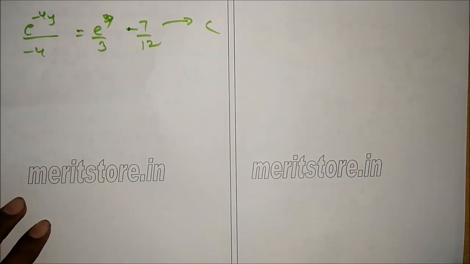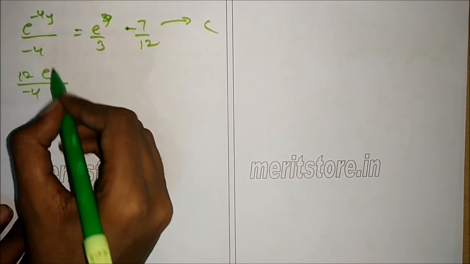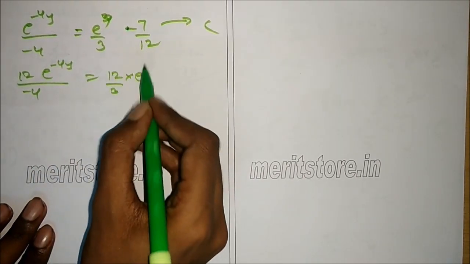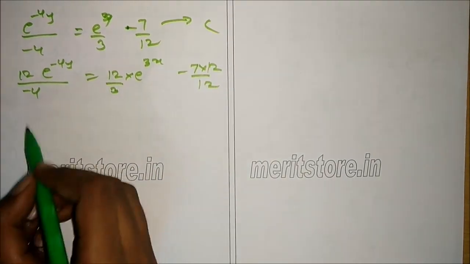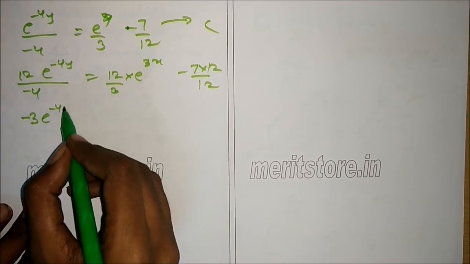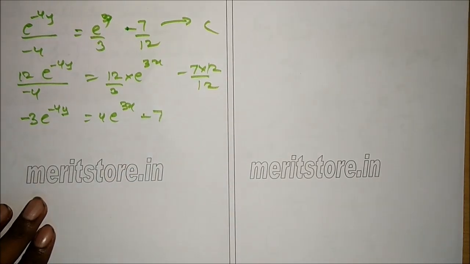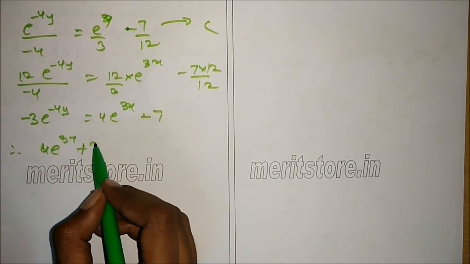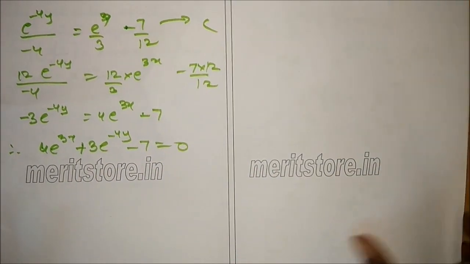So we multiply throughout by 12, we'll get 12 into e raised to minus 4y by minus 4 equals 12 by 3 into e raised to 3x minus 7 into 12 by 12. So we are left with minus 3 e raised to minus 4y equals 4 e raised to 3x minus 7. So therefore 4 e raised to 3x plus 3 e raised to minus 4y minus 7 is equal to 0.